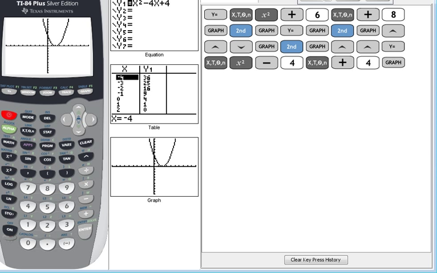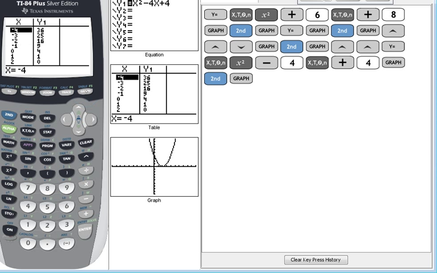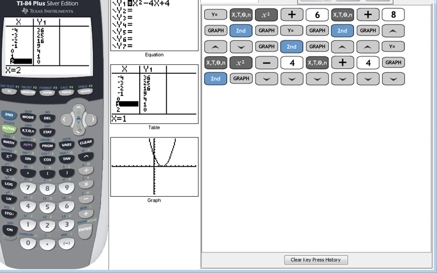So if we go to the second table, my y values are 36, 25, 16, so it's going down, down, down. Oh, right at 2 I have a 0. So that's one of my solutions. Do I keep on going down? Oh, now I'm at 1, so I'm heading back up again: 4, 9.